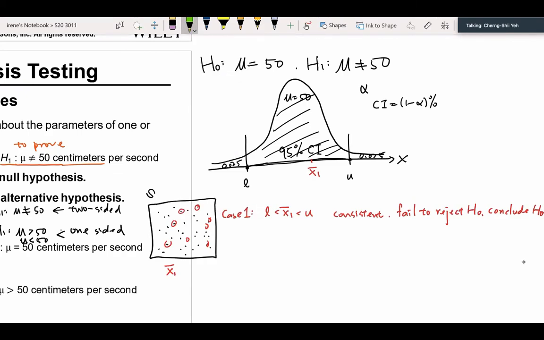Let's say in my second case, I'm collecting some other samples. Here is my X2. And my X2 is located here, lower than my lower bound. That's my case number 2.